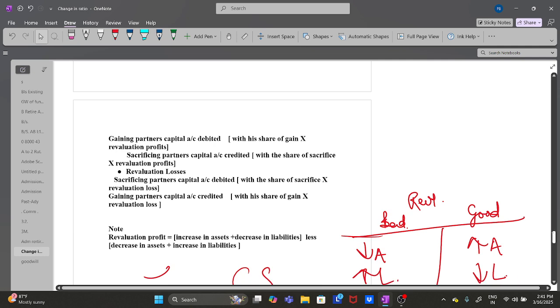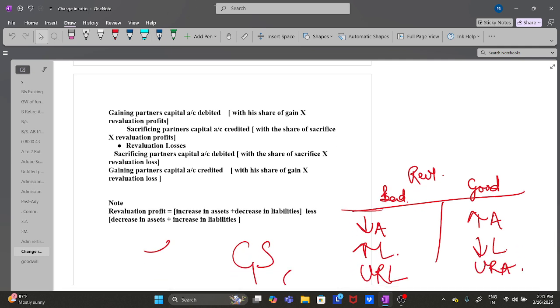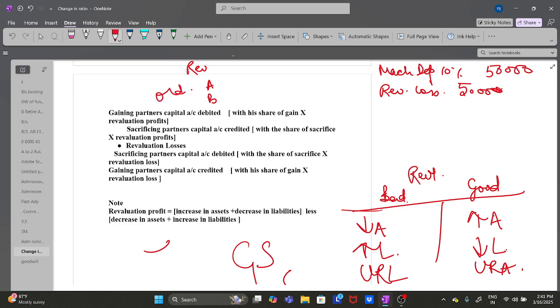Here again this question comes. Say machine depreciates by 10%. Machine is 50,000. So 5,000 turns out to be revaluation loss. This revaluation loss can be treated in two ways. If you want to show the machine at 45,000 in the new balance sheet, then simply debit reval to A and B, distributing this 5,000 loss in the old ratio.